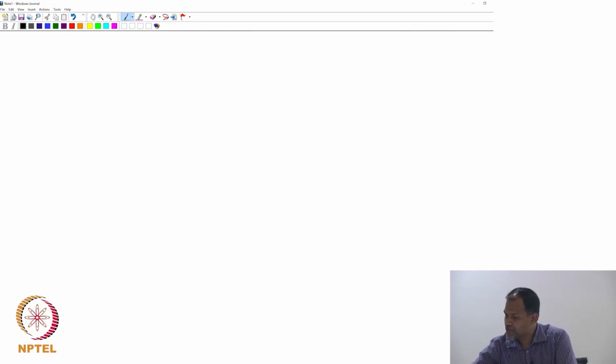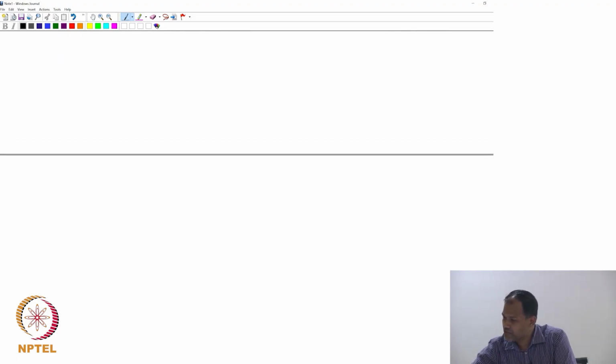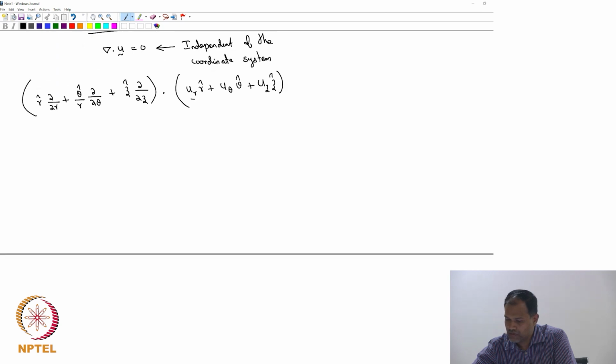So that's what we want to do. Is equal to, let's start this, I am going to operate on all of them, r cap. Now what is this? r cap del by del r dotted with this thing. Now what is the dot operation between? The dot operation is between this r cap and this r cap.